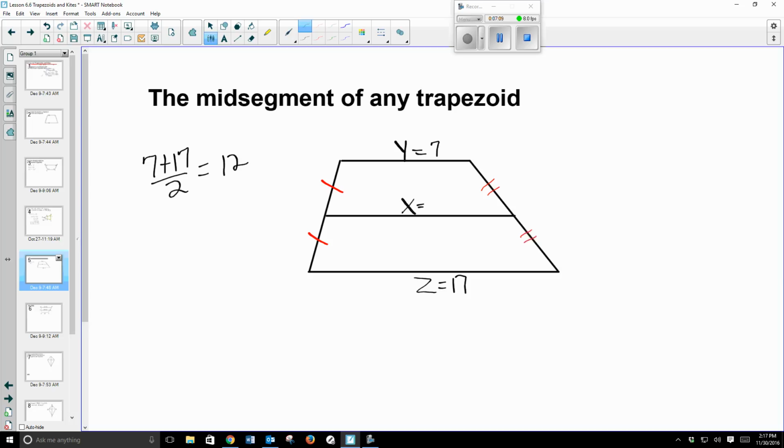So this will be 12. To find the average of two numbers, you add the two numbers together and divide by 2. So what we're saying here is that x, the mid-segment, is equal to y plus z divided by 2. And we're going to use that idea on this next problem.